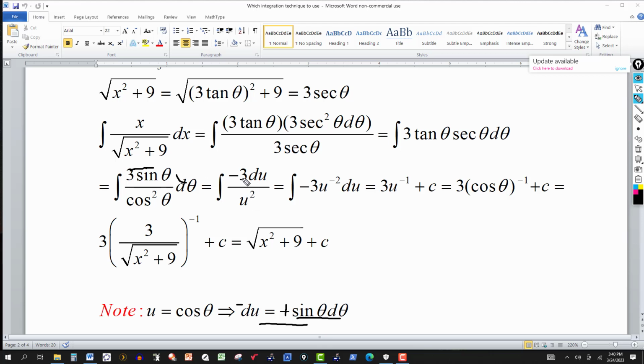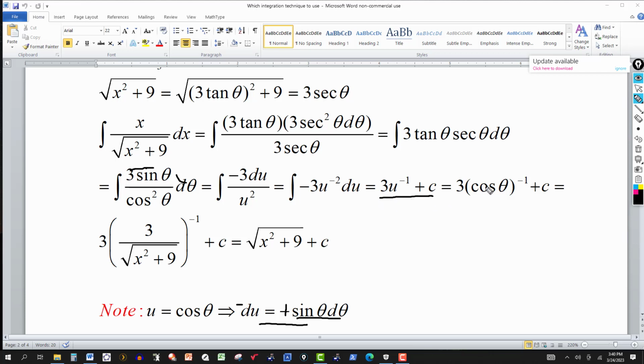So I get negative 3 du, and then of course the substitution is u is equal to cosine. So instead of cosine, I have u, and that's squared. I take this up to the numerator, I get negative 3 u to the negative 2. And then again, simple integration, add 1 to the negative 2, I get a negative 1, divide by negative 1. This becomes a positive 3. So we get this, plus the constant of integration.